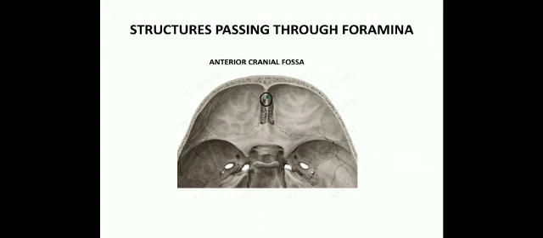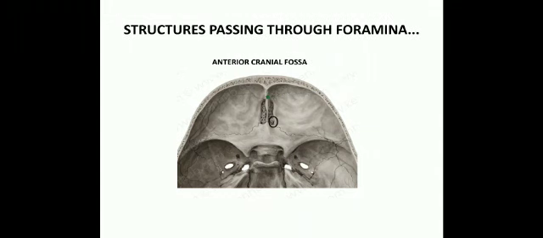Now we will observe the structures passing through the foramina in all the three fossae. First, the anterior cranial fossa. The foramen cecum is usually blind; sometimes if it is patent, it can transmit a vein from the upper part of the nose to the superior sagittal sinus.